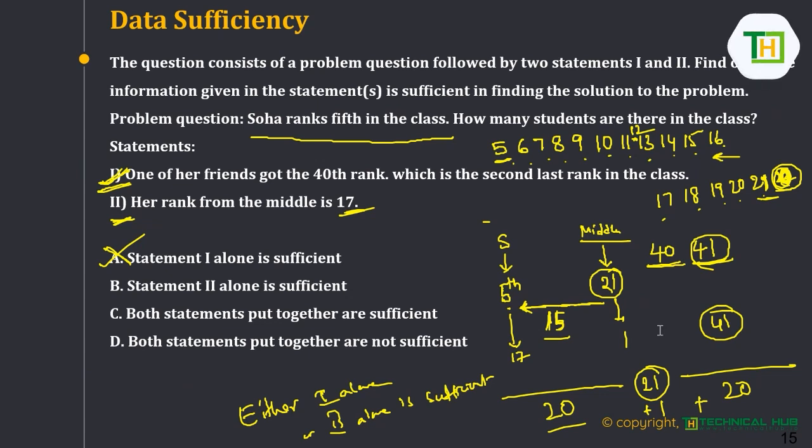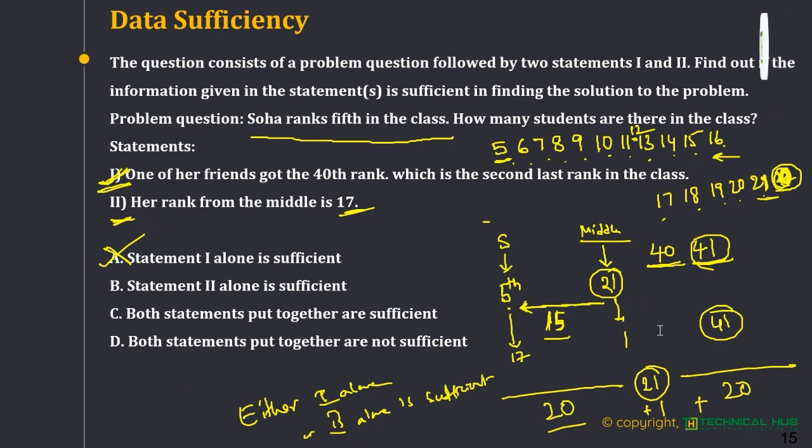Someone asked a doubt: what if the same rank is given to 2 or more students? See, those are all exceptions. So my dear friends, when you are solving such type of questions, don't go for exception cases. Take it as fair: each rank is given to a different student. If any such exceptions are there, it will definitely be mentioned in the question.